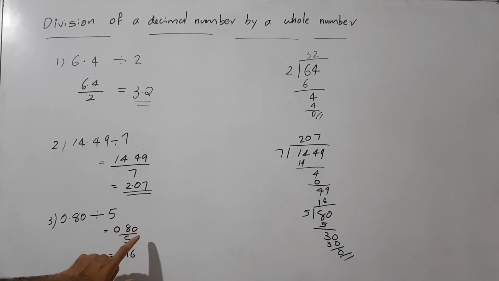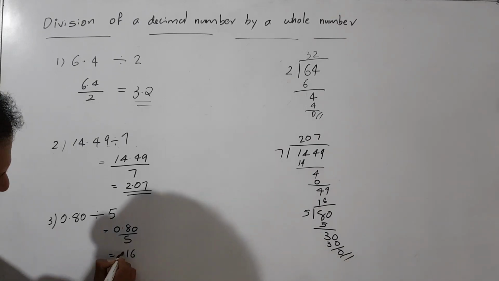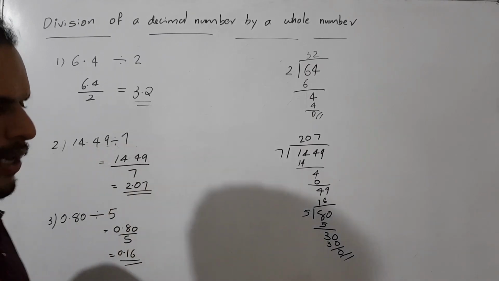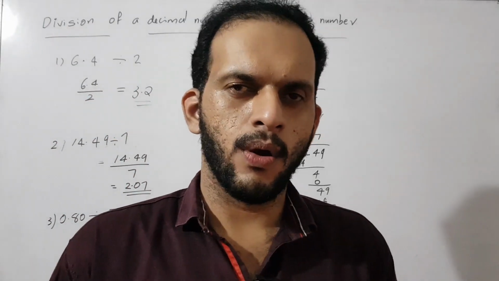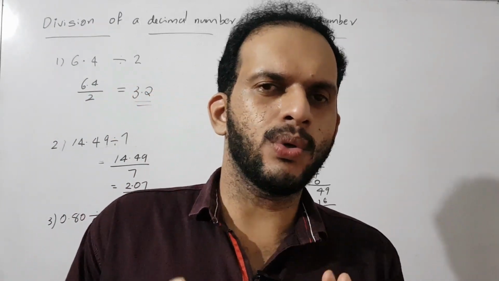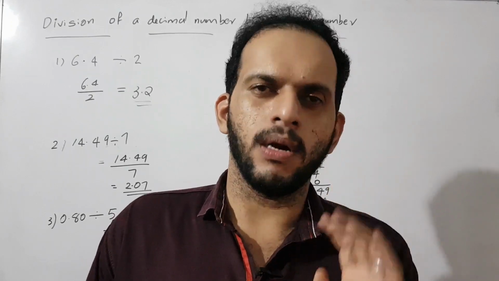The decimal point is after 2 digits, 1, 2. Here also we need to put the decimal point after 2 digits. Then the answer is 0.16. I think you got the idea how to divide a decimal number by a whole number.